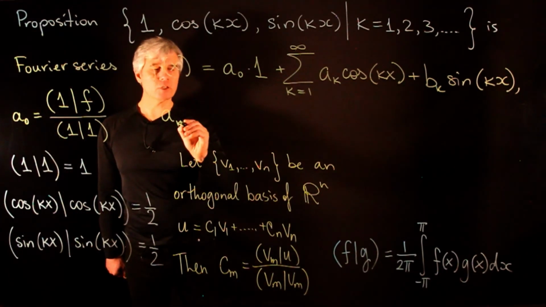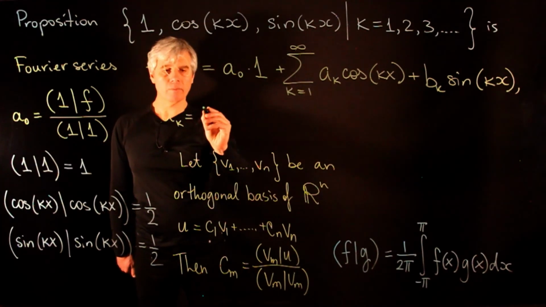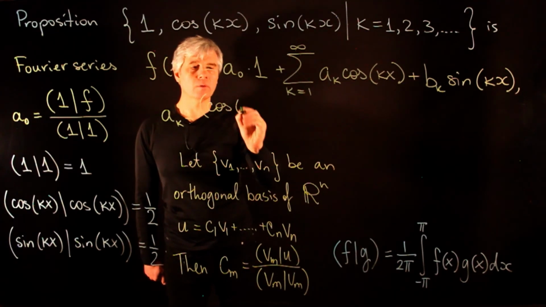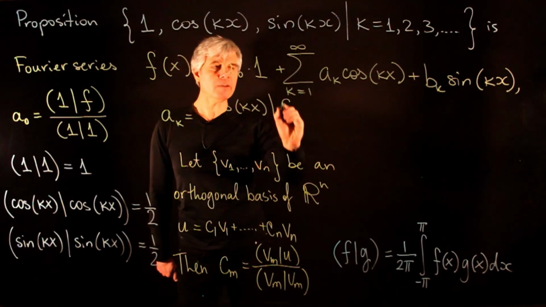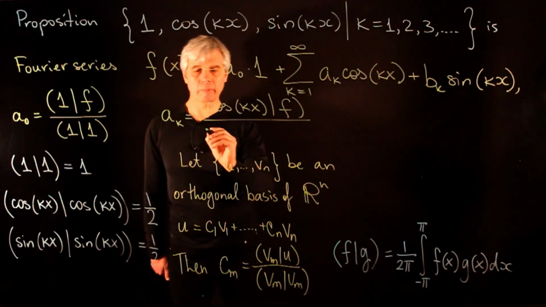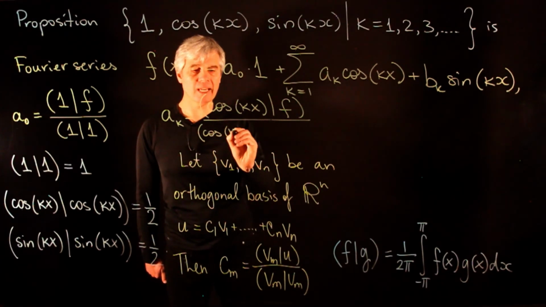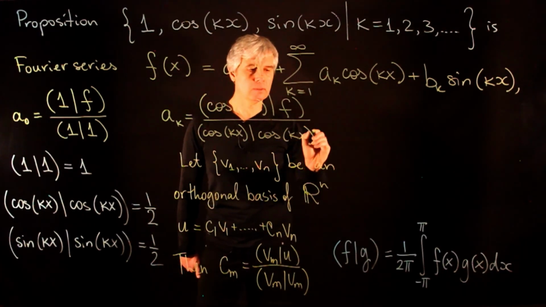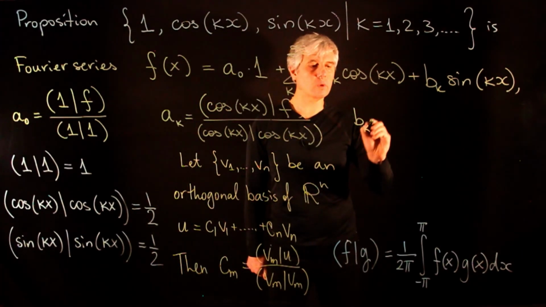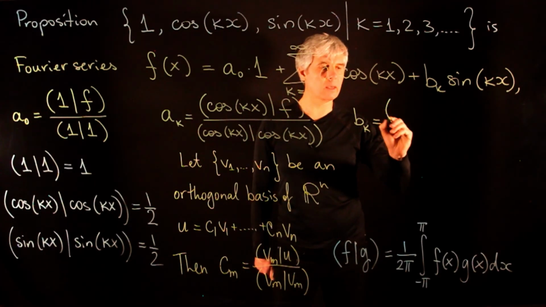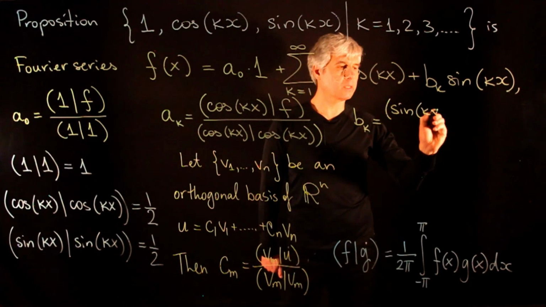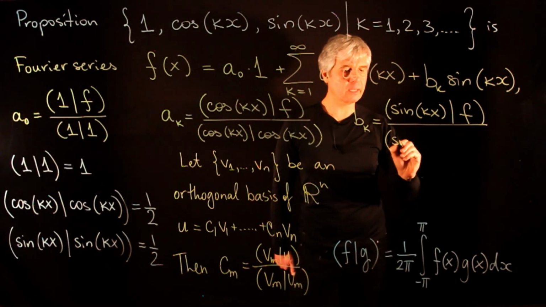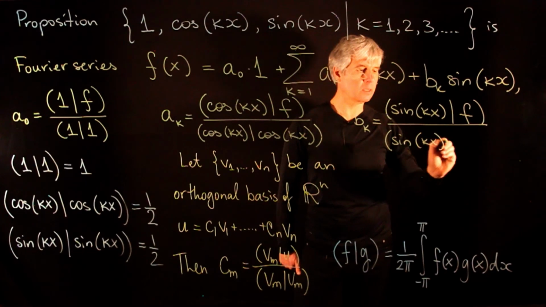All other coefficients ak are obtained as we take the bilinear form of cos of kx with f divided by cos of kx with itself. And similarly for bk, we have sine of kx with f divided by sine of kx with itself.